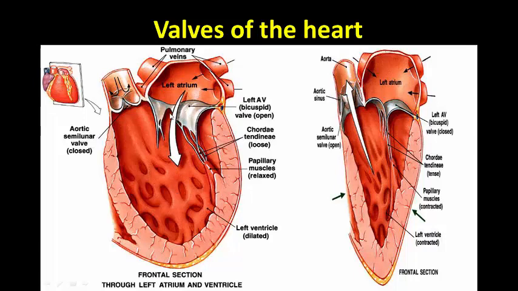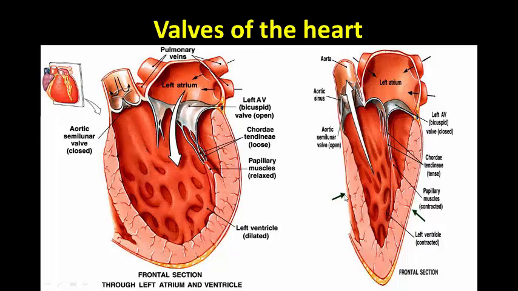While the mitral valve is open during left ventricular diastole, the aortic valve should be closed in order to prevent backflow of the blood from the aorta into the left ventricle.